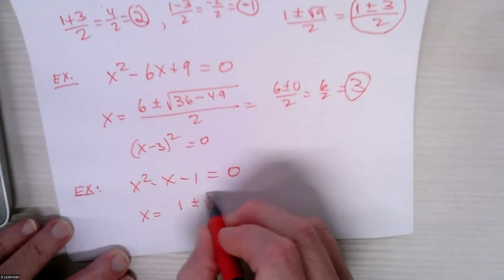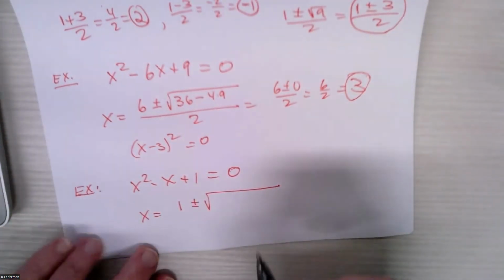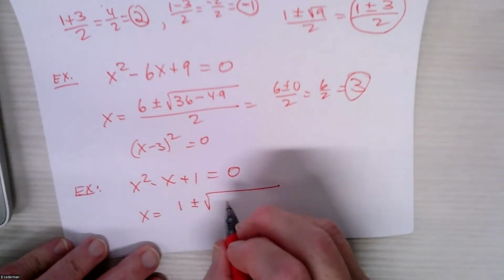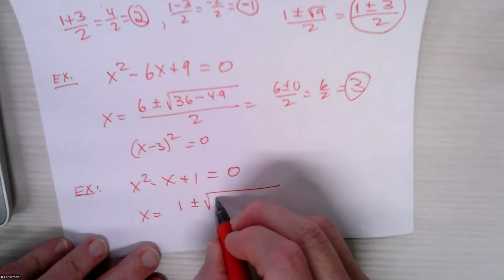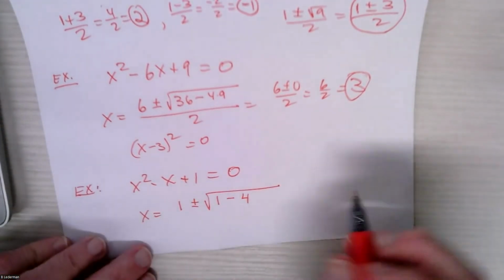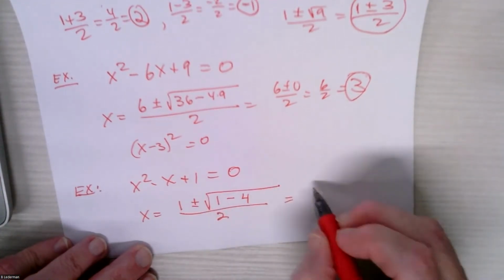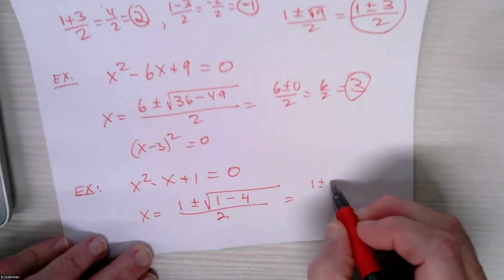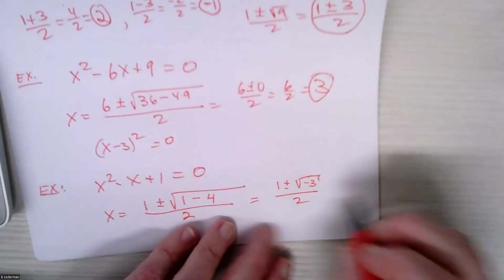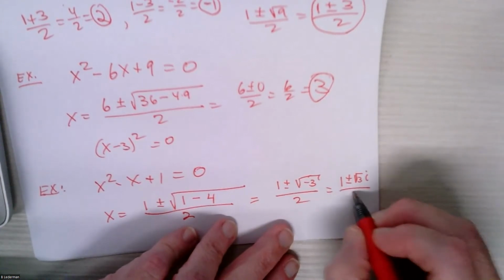1 plus or minus the square root. I'm sorry, I meant to be +1. X equals 1 plus or minus the square root of b squared, which is -1 squared, which is 1, minus 4 times 1 times 1, which is just 4, over 2, and this just equals 1 plus or minus the square root of -3 over 2, which is equal to 1 plus or minus root 3 i over 2.